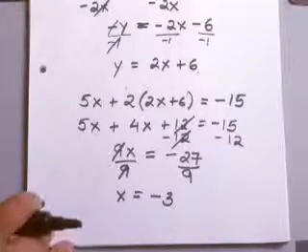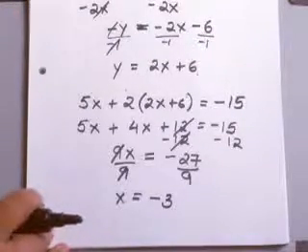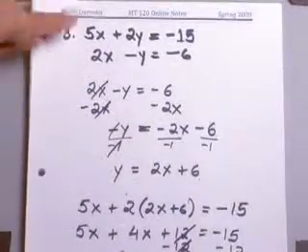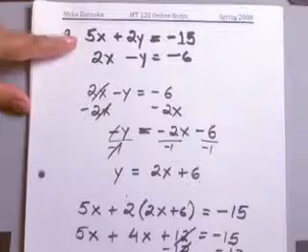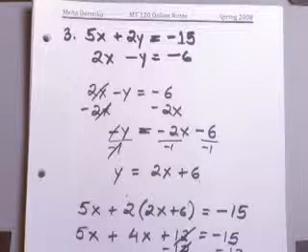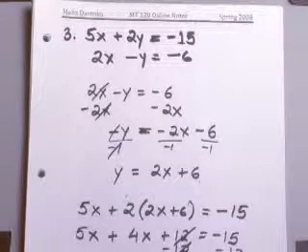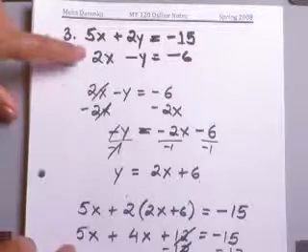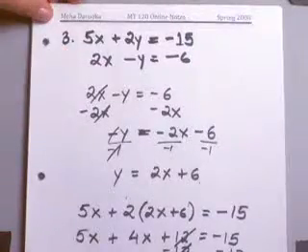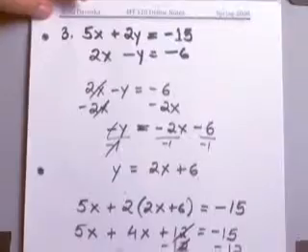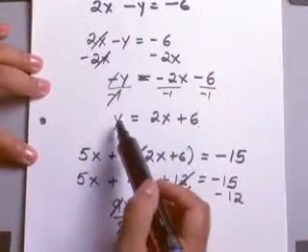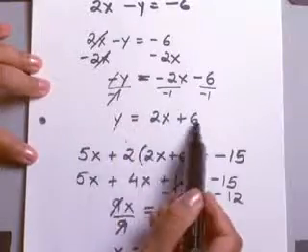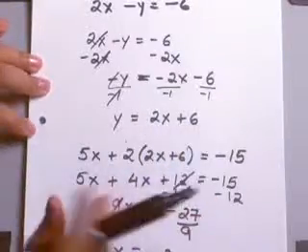Now, since we have our x value, we can go ahead and find our y value, and again go ahead and substitute your x in any one of these two original equations that we had. So let's say we go ahead and use the second equation to find our y value. Now what we can do is, since we already solved our second equation in terms of y here, we'll use this form to find the y value.